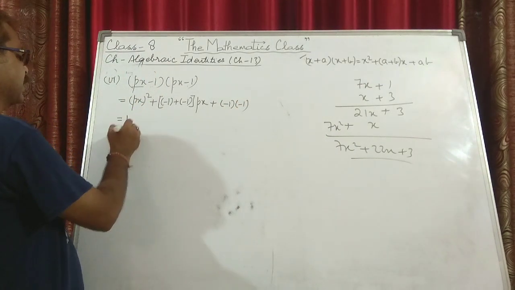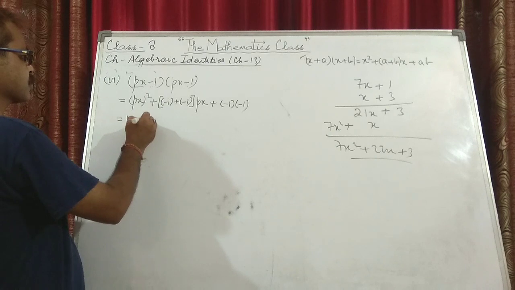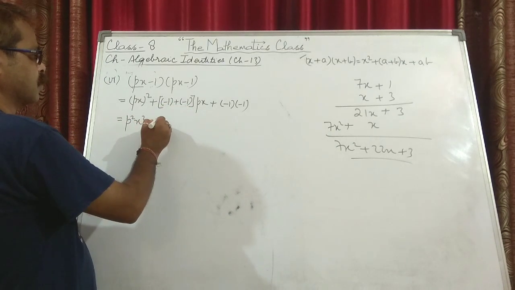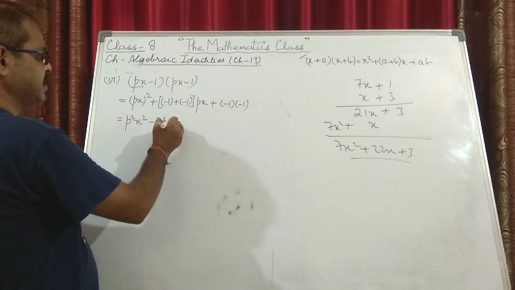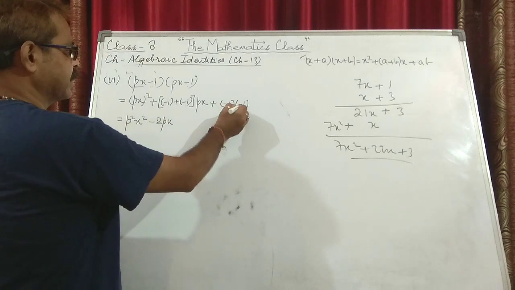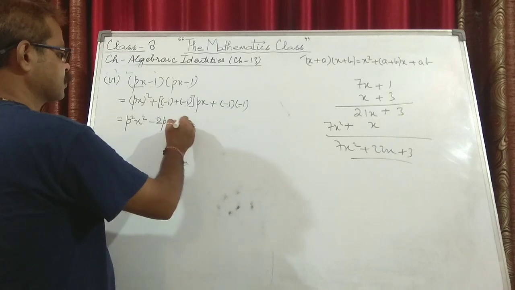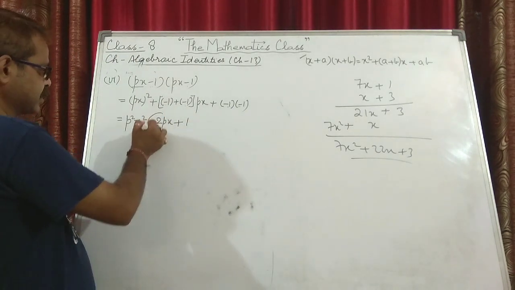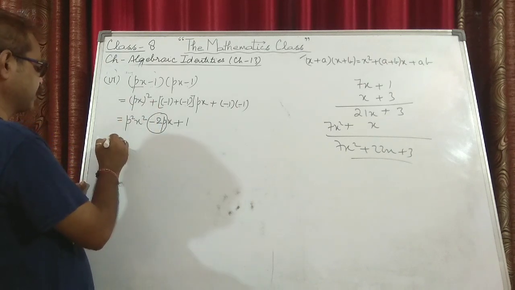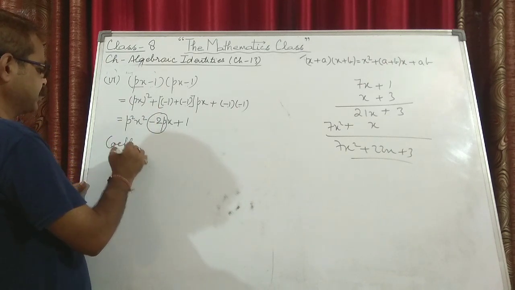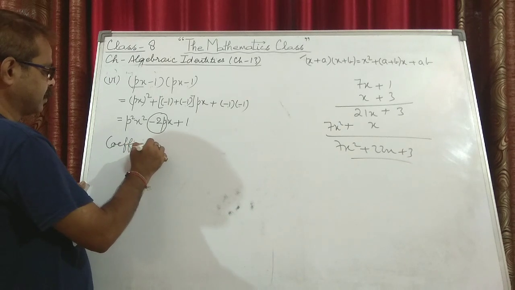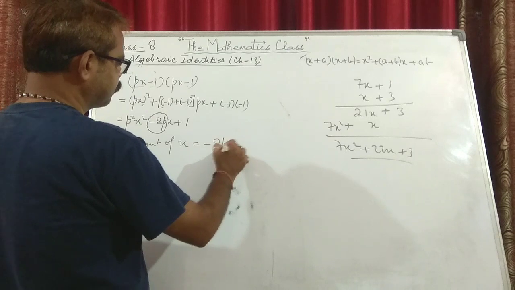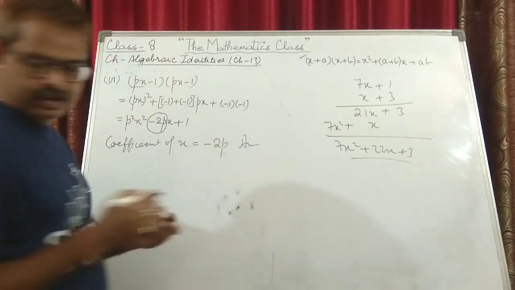So this can be written as p square x square, and 1 and −1 and −1 is −2, so −2 times px, and 1 into 1 is 1 but plus, so plus 1. Now what is the coefficient of x? This whole term is the coefficient of x. So the coefficient of x is equal to −2p, that is the final value.